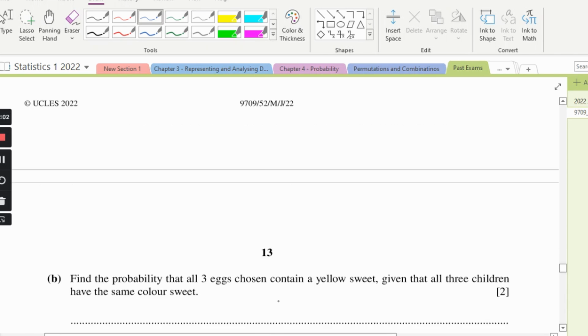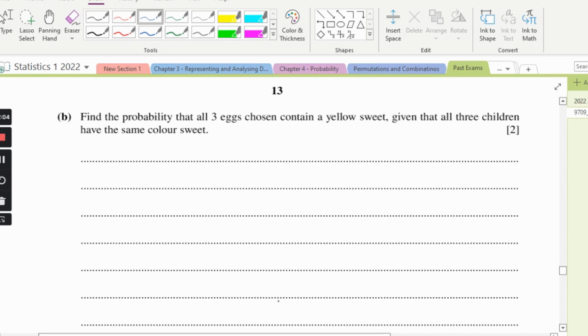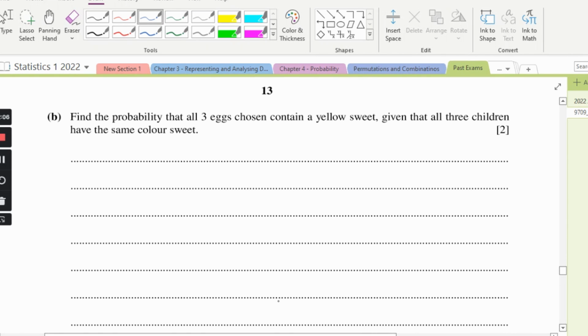Next one is conditional probability. So find the probability that all 3 eggs contain yellow, given all 3 children have the same color sweet. Okay.